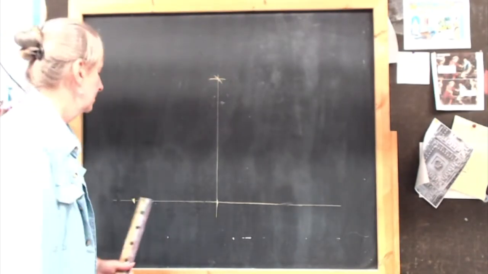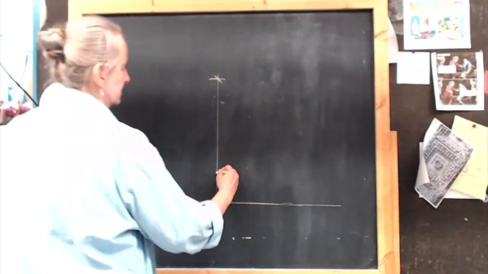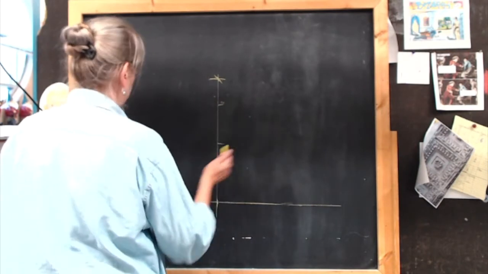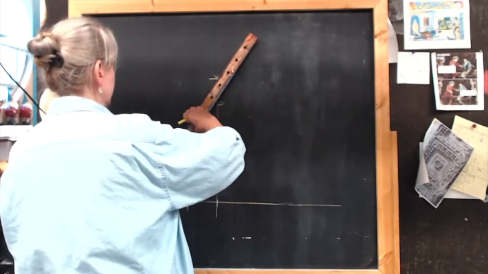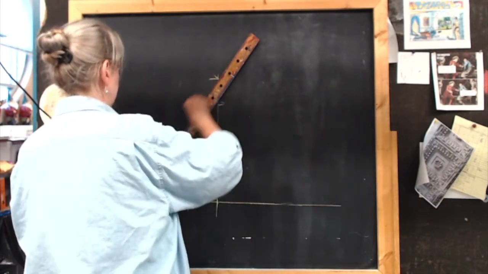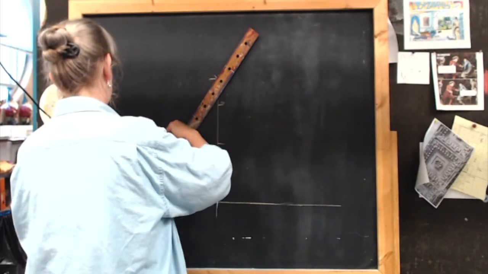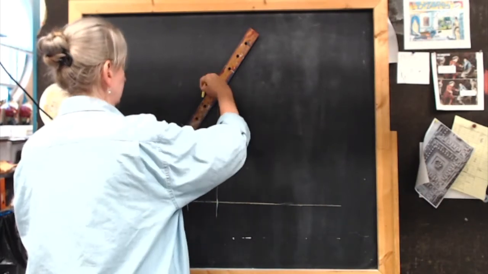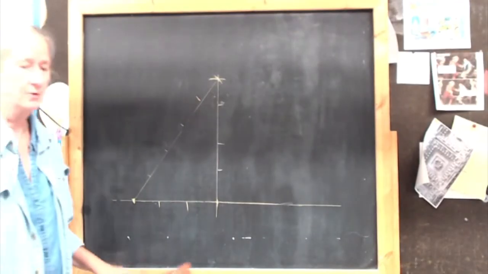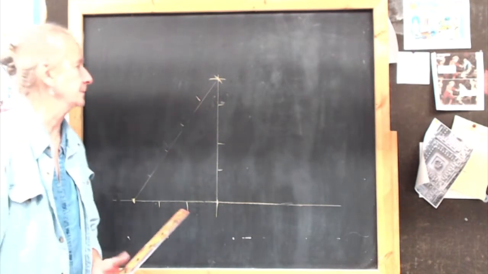So this is 3, this was 4, and then this hypotenuse here was 5, okay? So 3, 4, 5, okay?